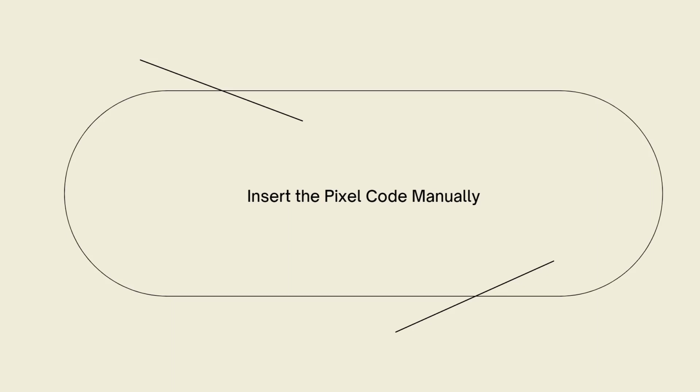Look for the header.php or footer.php file depending on where you want to place the pixel code, and add the Facebook pixel code just before the closing less than / head greater than symbol tag for header.php. Now for the footer.php, find the less than / body greater than symbol tag. Okay, now save the changes.